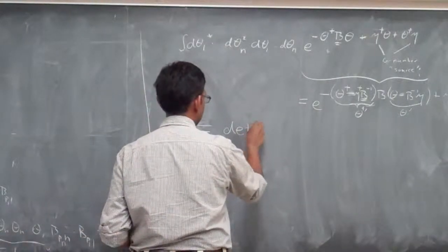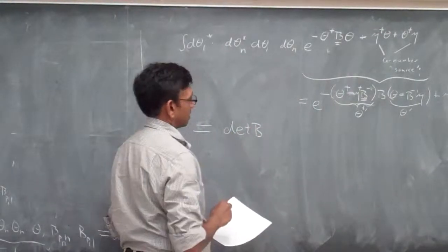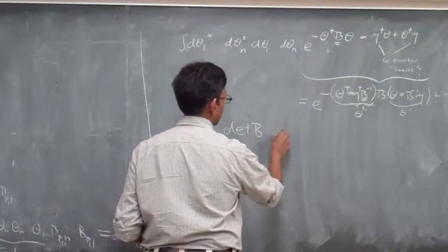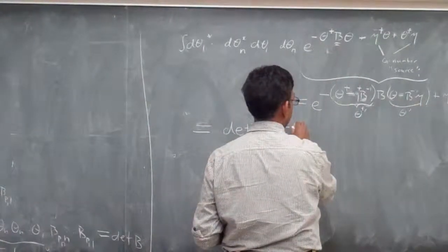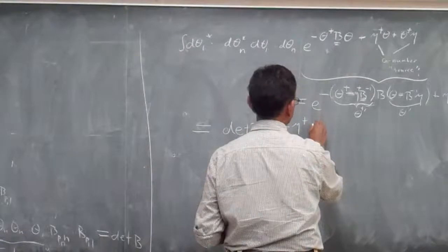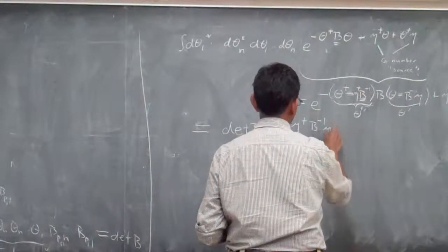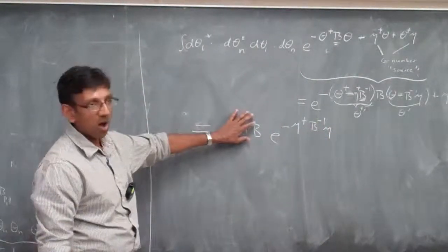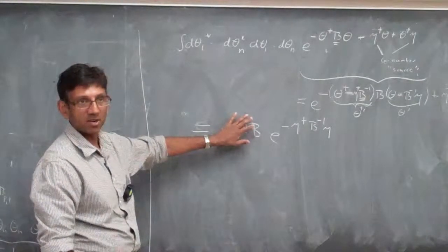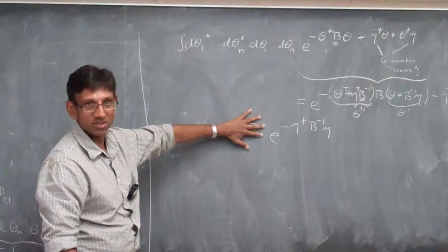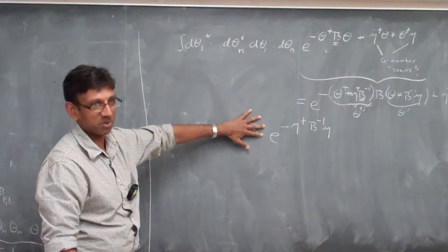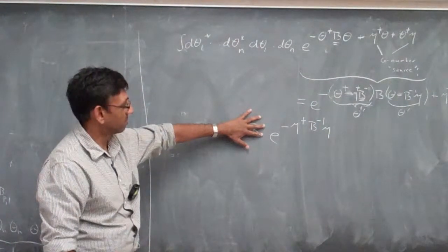It's determinant of b times a factor e to the minus thing, which is not being integrated. For a while, this is going to be a proportionality constant independent of eta, so I won't really care about this. This is just being kept in reserve for later.